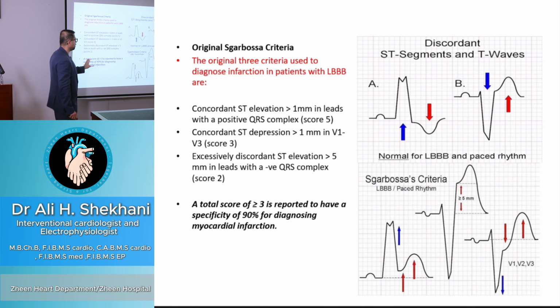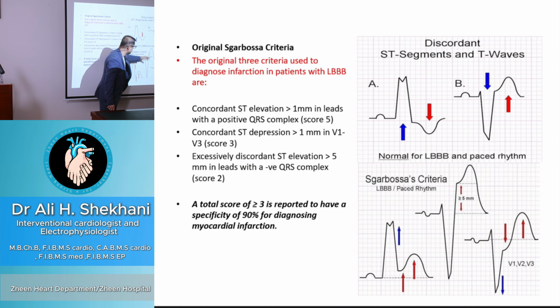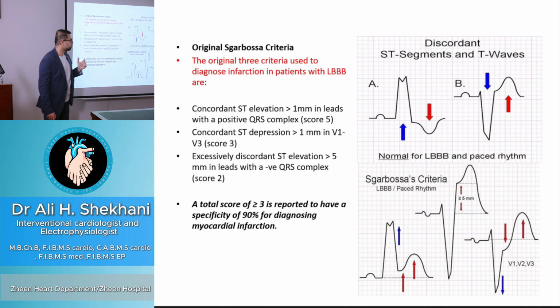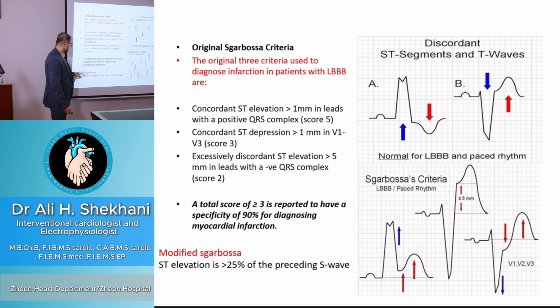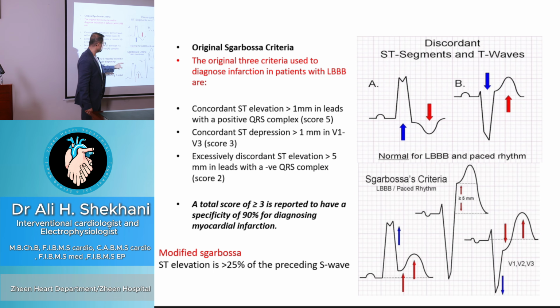And any ST elevation more than 5 millimeters is also important in a patient with left bundle branch block. And nowadays we have the modified Sgarbossa criteria: ST elevation more than 25% of the previous S wave is also regarded as a new insult.